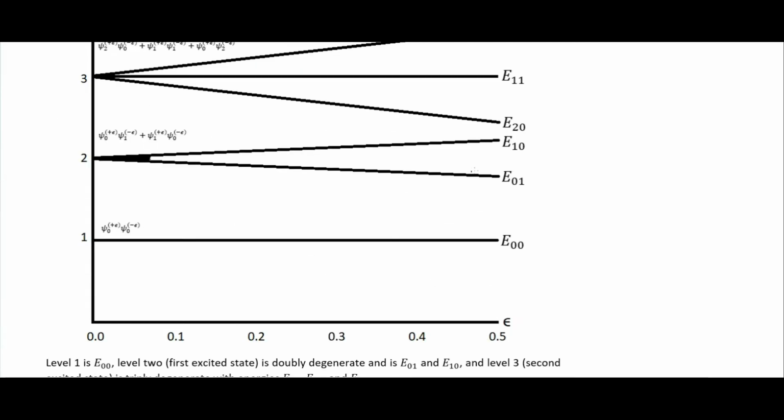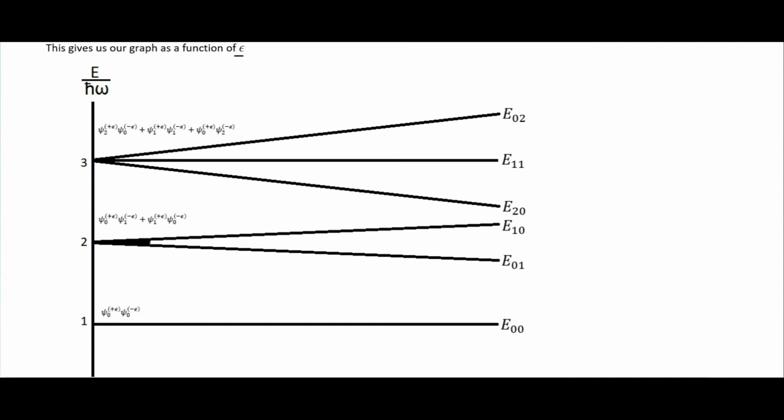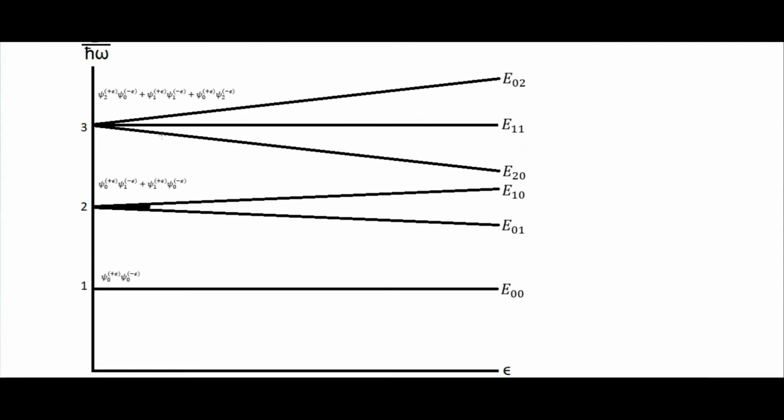So this is the same graph as above, but now I've put in these solutions here for our wave function. So we have this linear combination because this is the degenerate state, and over here is when we add the perturbation and we lift that degeneracy, but over here are the degenerate states.